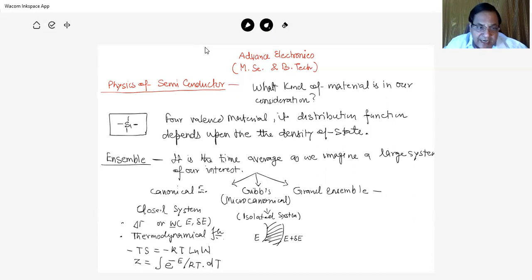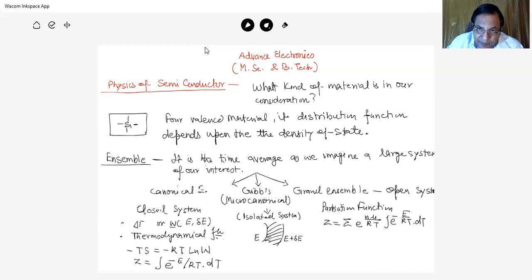Now the third one is the grand canonical system. It is considered as an open system, and the partition function Z is equal to the summation of e raised to the power n mu upon kT, and this minus E upon kT.